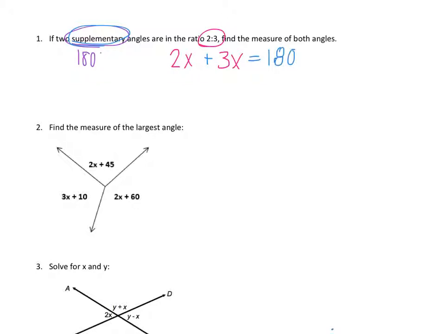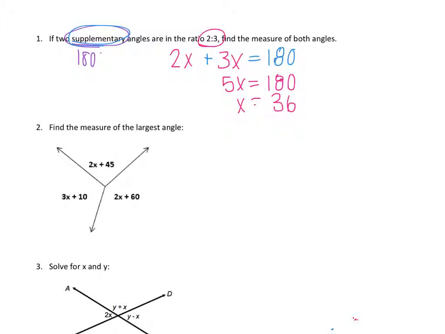Okay, so now we're just going to solve. 2x plus 3x is a total of 5x equal to 180. And then we're going to divide both sides by 5 to find that x is 36.